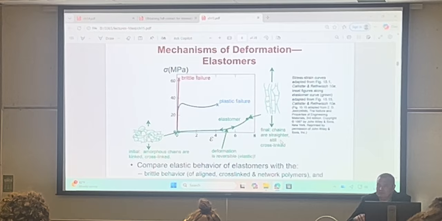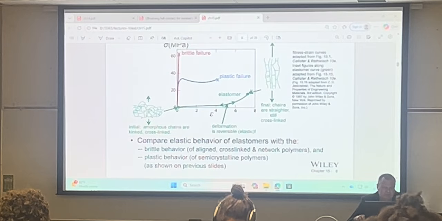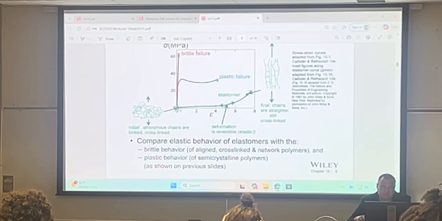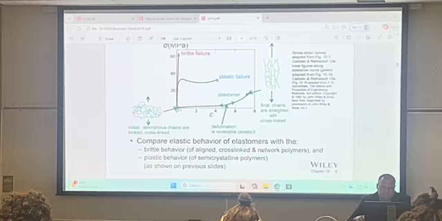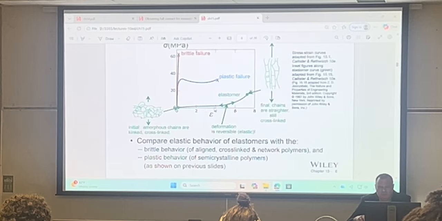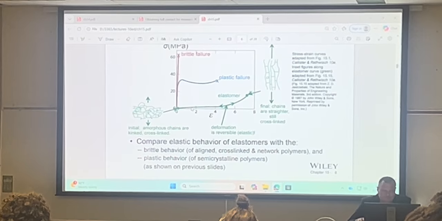Let's look at the rubbers or elastomers, which is the green curve over here. So elastomers are characterized by nonlinear elastic deformation. Nonlinear means that it's not a straight line, it's rather a curve, but it is completely reversible, meaning that you go back to zero strain. So initially we have amorphous chains that are kinked and cross-linked.